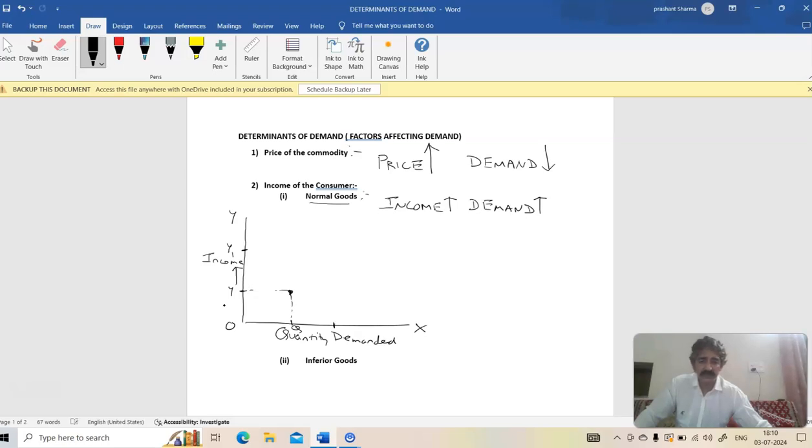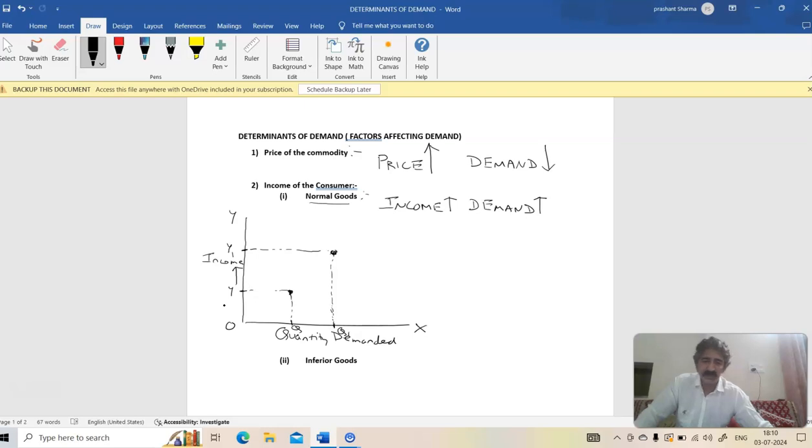So he buys, let's say, q1. So with the ruler we'll make a horizontal line from y1 as the new income, and from q1, as you can see, OQ1 is the new quantity. Wherever these horizontal and vertical lines intersect, here's the new point.